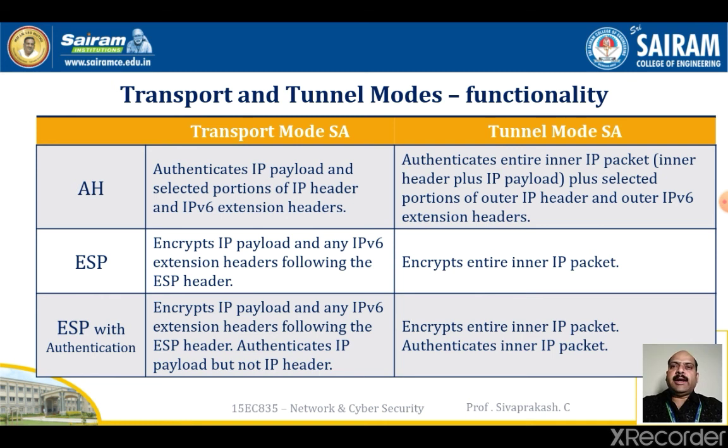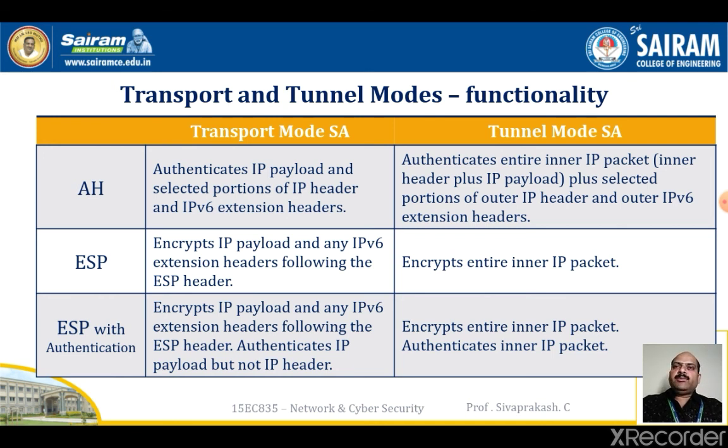The authentication header in transport mode authenticates the IP payload and selected portions of the IP header and IPv6 extension headers, whereas in tunnel mode it authenticates the entire inner IP packet plus selected portions of the outer IP header and outer IPv6 extension headers.